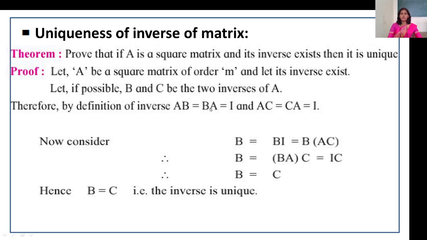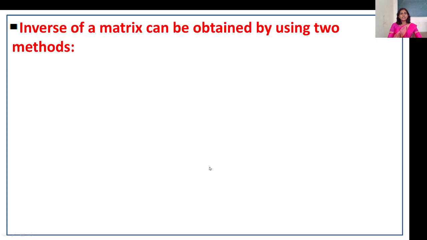Here the value of BA, by this definition, is I, so here IC. And if we multiply any matrix by the identity matrix, we get that matrix as it is, so I into C is C. That means B = C. That means the inverse is unique.